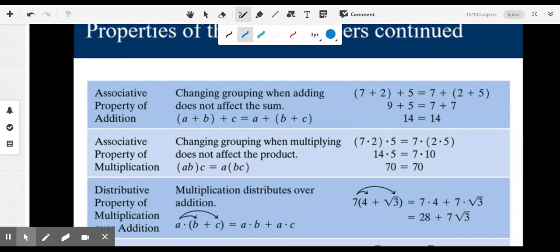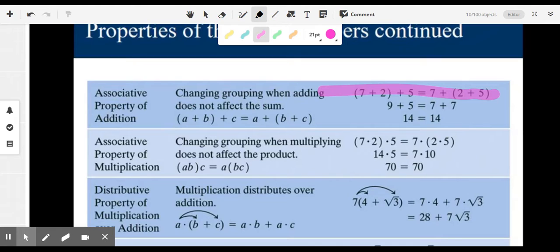Okay? So if you notice right over here, if I've got 7 plus 2 plus 5, and I add together 7 and 2 first, then I add together 5, that's going to be 9 plus 5, which is 14.